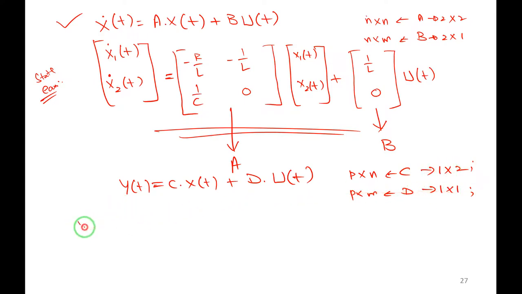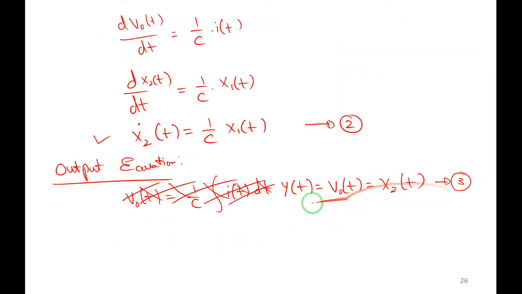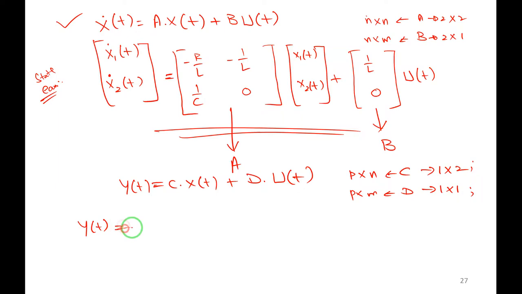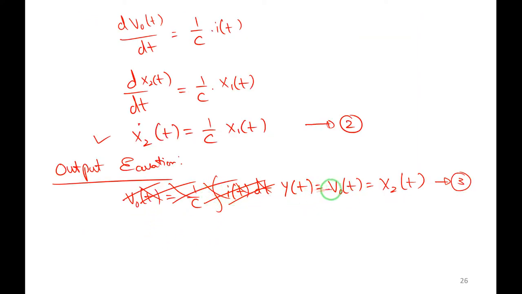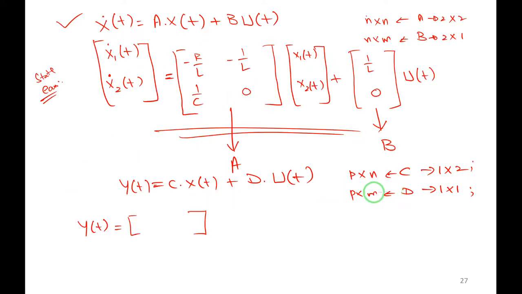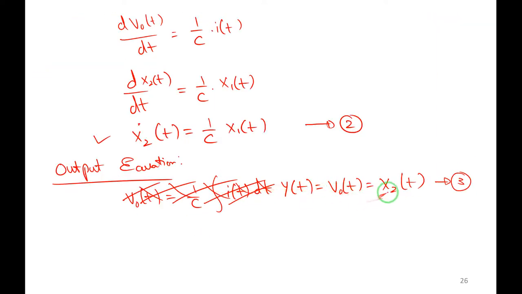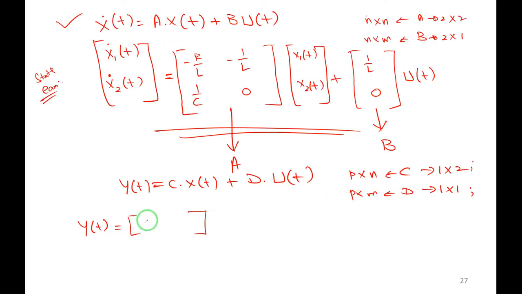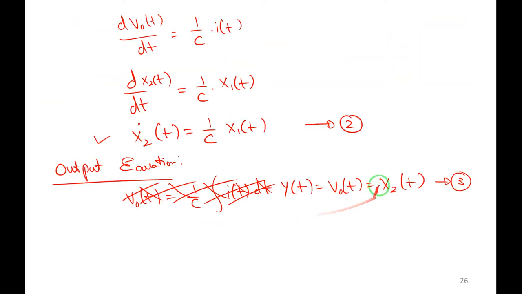So y of t. Observe equation 3, right? This one. So y of t is only 1. It is equal to, what is C? It is 1 cross 2, only one row and two columns, so two elements should come, right? Into x of t. Observe x of t in equation 3. With respect to x of t, x1 of t is not there, only x2 of t is there. So x1 of t is not there, which means write 0. x2 of t, what is the coefficient? It is 1.